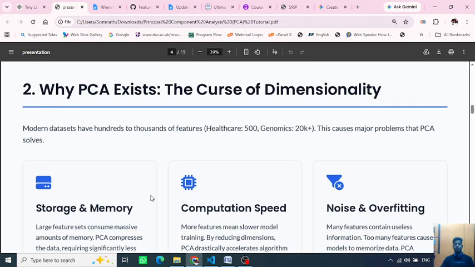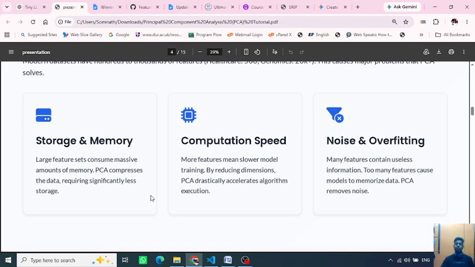For example, storage and memory. Large feature sets consume a massive amount of memory, definitely. PCA compresses the data, requiring significantly less storage, because it only retains the important parts, merging similar types of features into one new column, called a principal component.